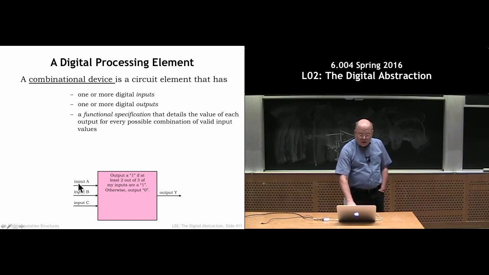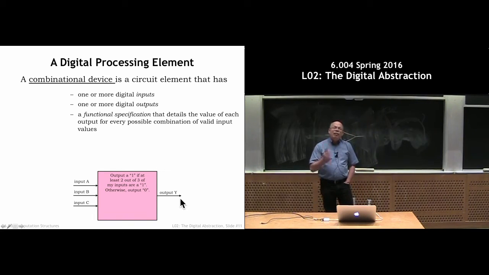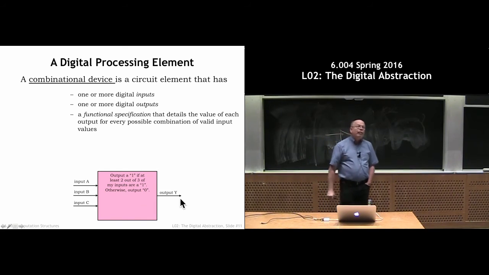And so I can go from 0, 0, 0 to 0, 0, 1 and all the other possible combinations. For each of those combinations, I would tell you what the output would be, and then I would have completely determined the digital behavior of the device. I could build a table that enumerated, for each combination of digital inputs, what the output value was. We call that a truth table. We'll meet that in the next lecture.